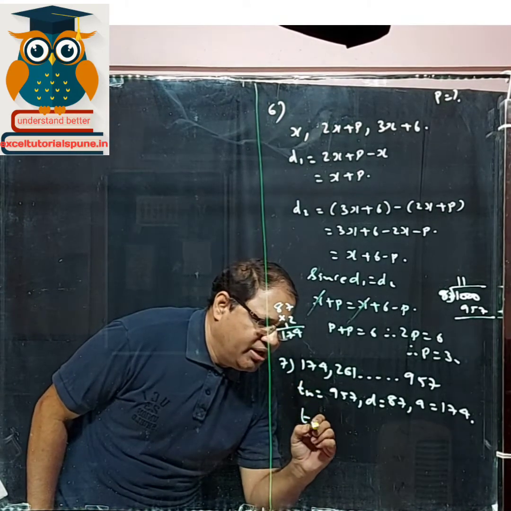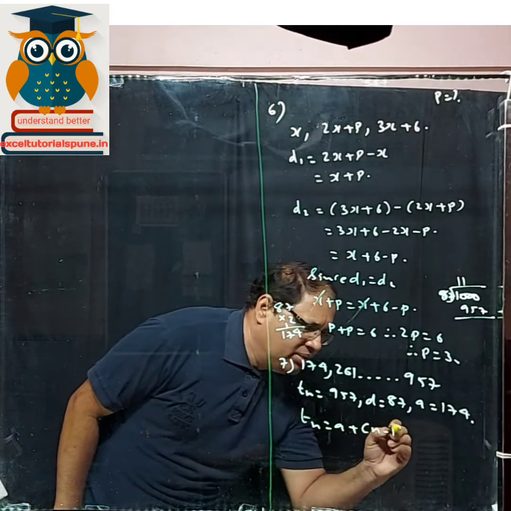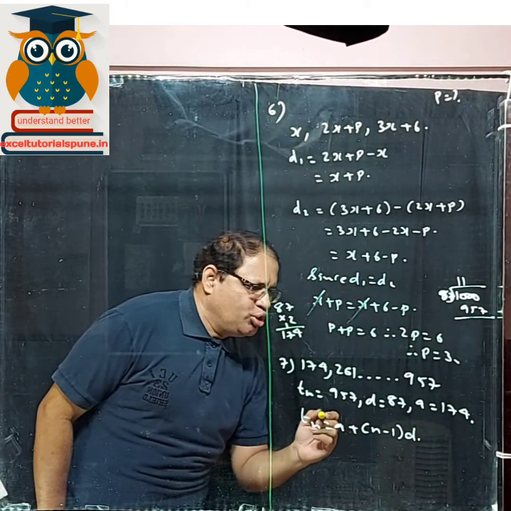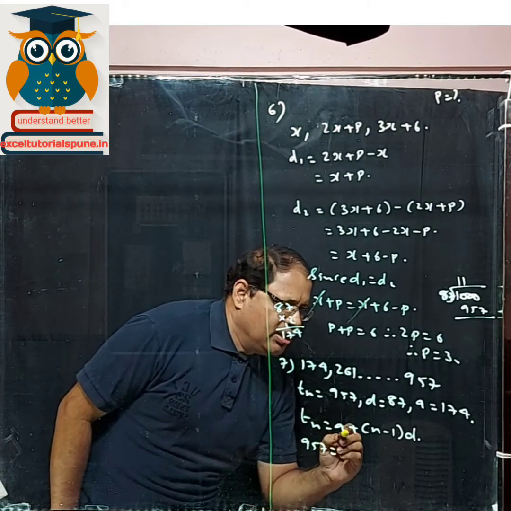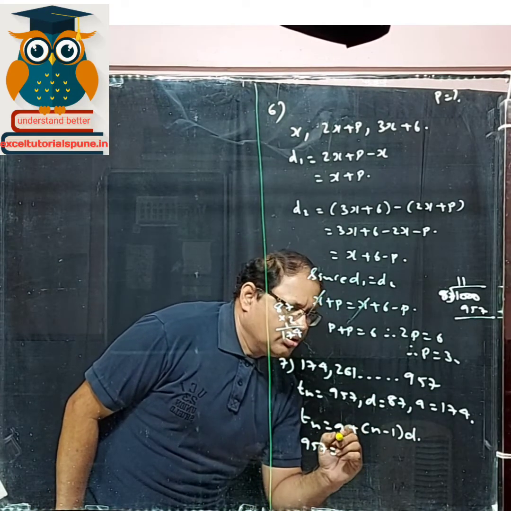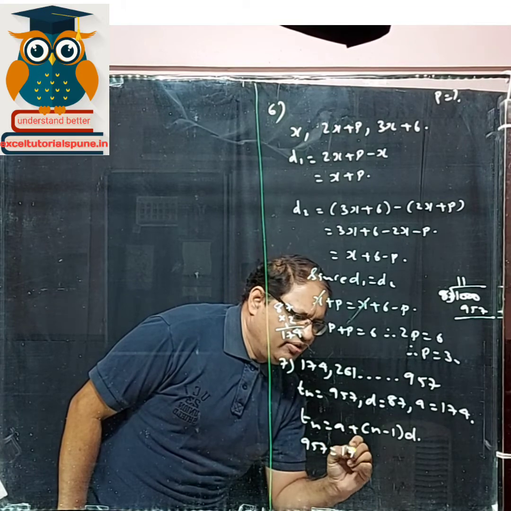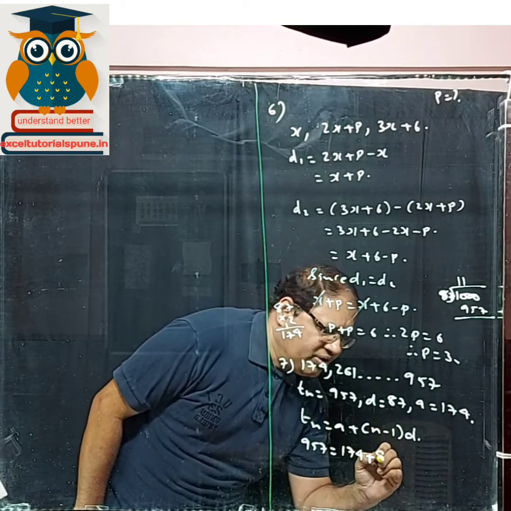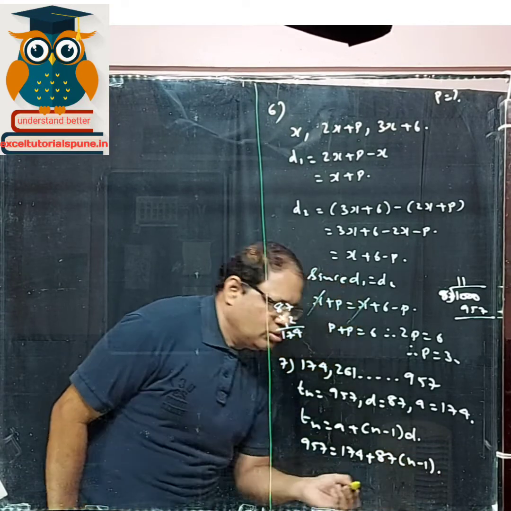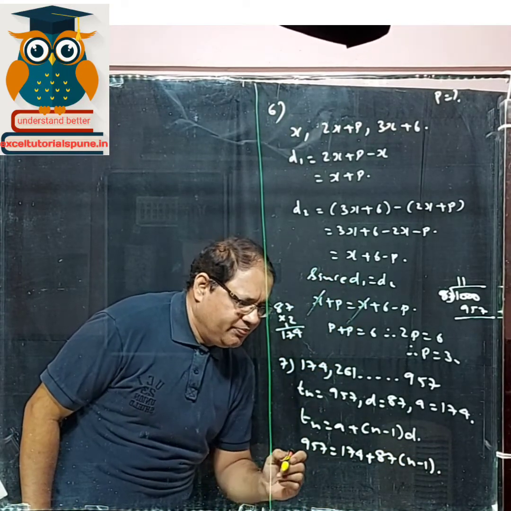So use the formula Tn is equal to A plus (n minus 1) D. Substitute the values. 957 is equal to 174 plus (n minus 1) D. D is 87. So send 174 that side.